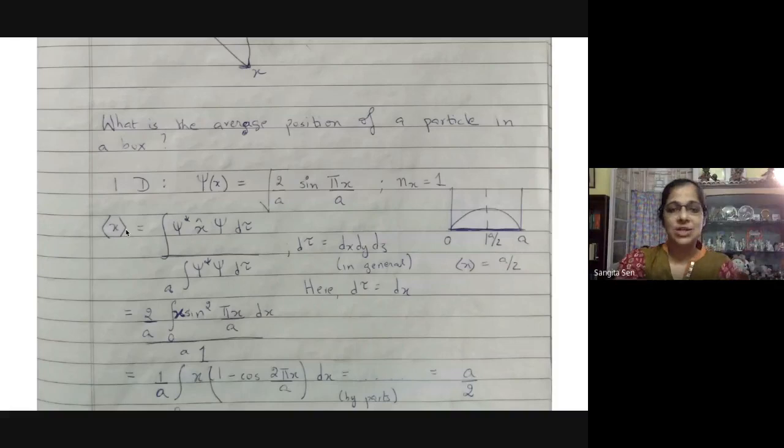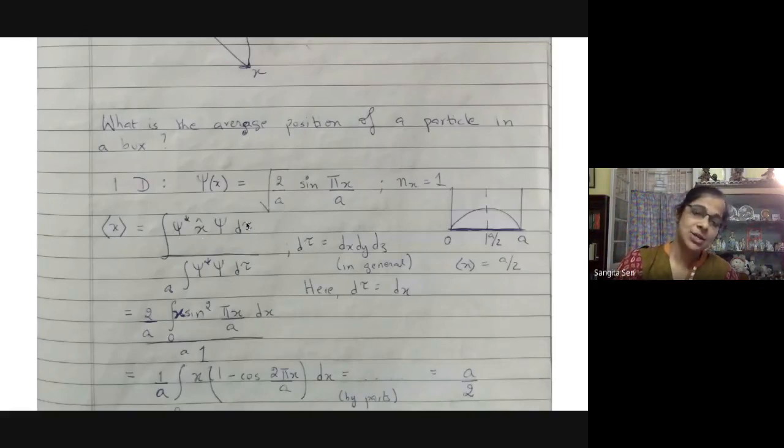So the expectation value of any operator is given by an integral of the operator between psi star and psi, and you integrate over some volume element d tau. So if this is a one-dimensional wave function, then it is only dx, and if it is 2-dimensional, then dx dy.